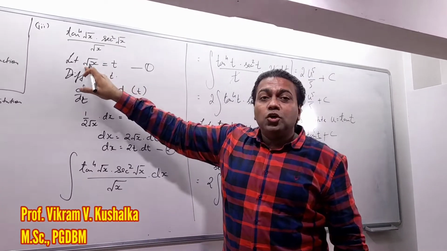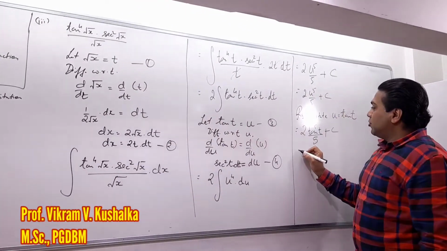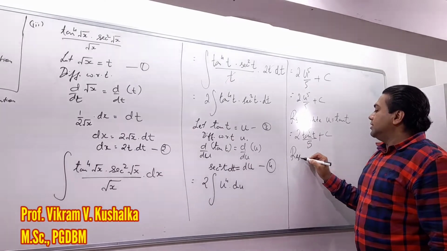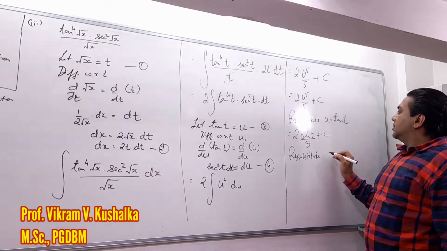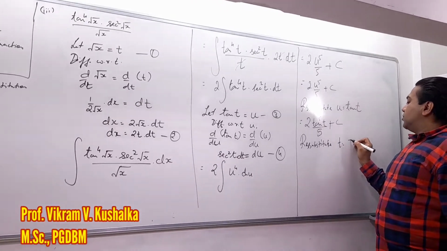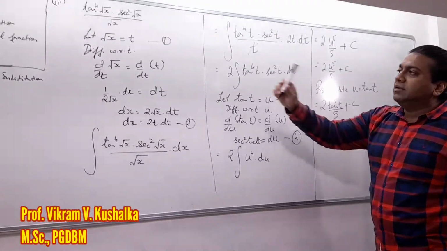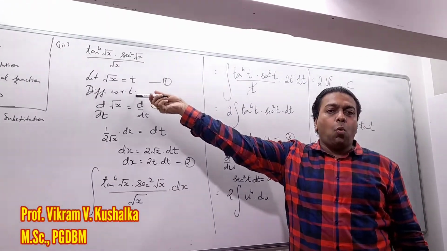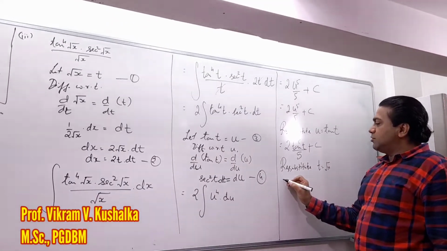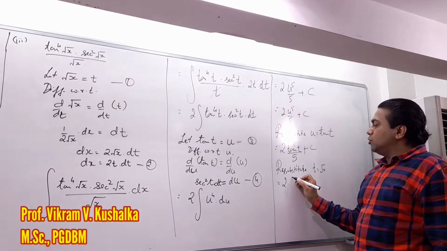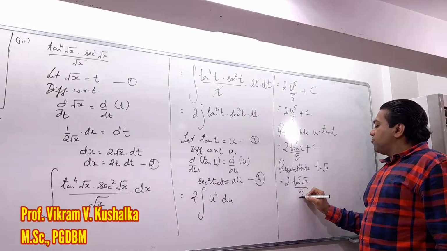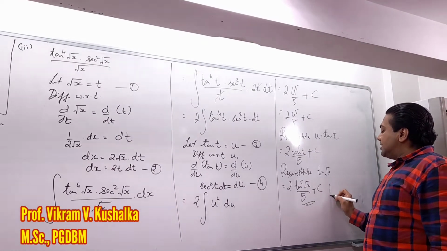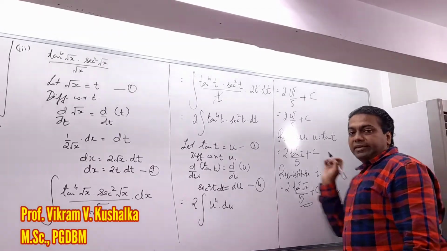My t was root x. So I am going to again resubstitute t is equal to root x from my equation number 1. So when I resubstitute t is equal to root x, I get 2 into tan to the power of 5 root x over 5 plus c as my final integration.